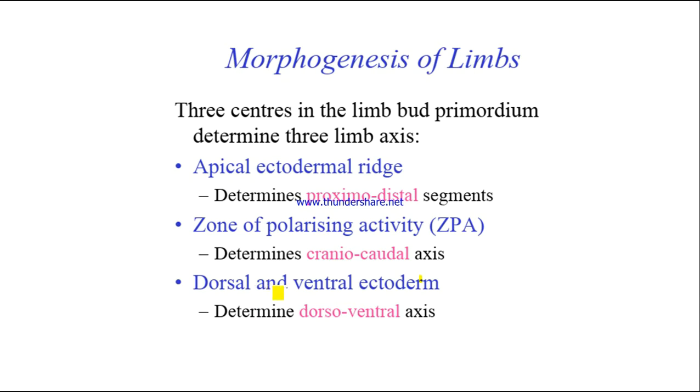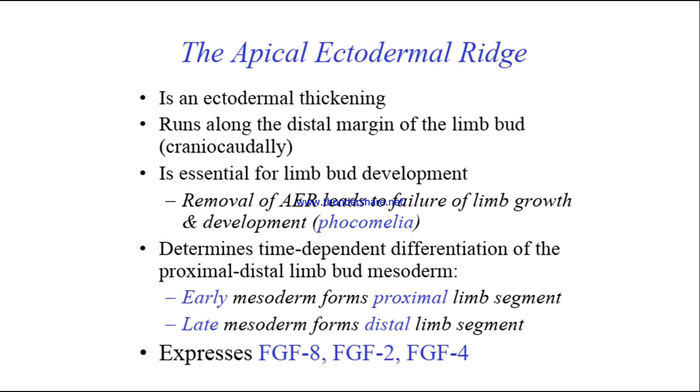And then we've got the dorsal and ventral ectoderm, which determines the dorsoventral axis. This is important because we need to be aware of where the ZPA is and how it works in relation to the craniocaudal axis, and the dorsal and ventral ectoderm in relation to the dorsoventral axis. So having an understanding of the folding patterns is very important.